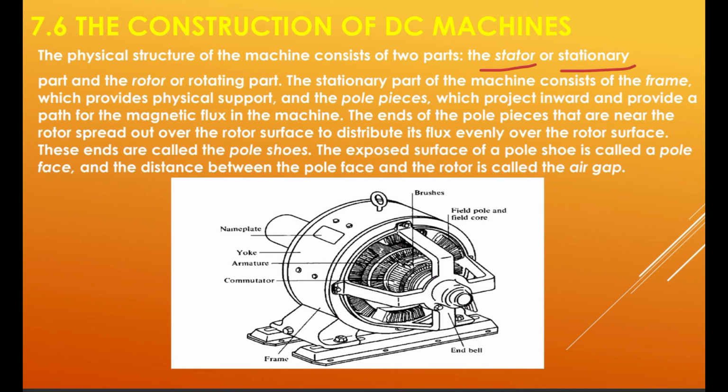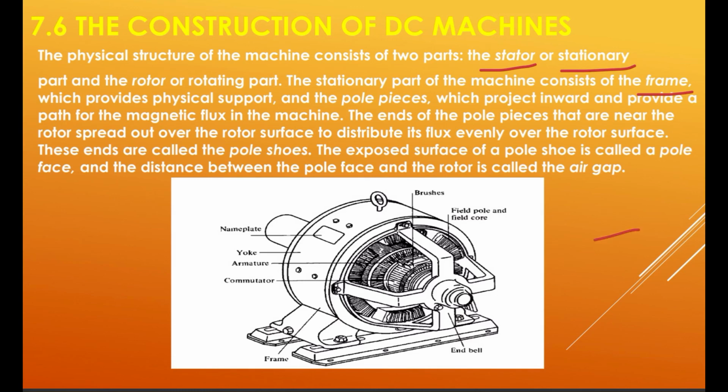The stationary part of the machine consists of the frame, which provides physical support, and the pole pieces, which project inward and provide a path for magnetic flux in the machine. You have to know each part and its function. The ends of pole pieces that are near the rotor spread out over the rotor surface to distribute its flux evenly over the rotor surface.